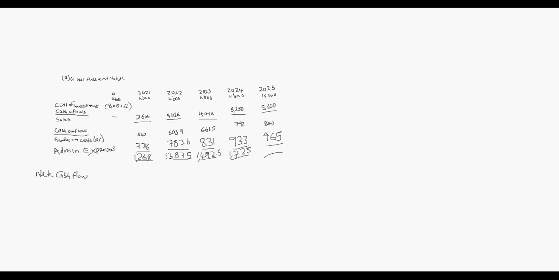The last one, 5 plus 0, that's 5. 4 plus 6, that's 0. Remember 1. 8 plus 9, that's 17 plus 1, 18. It's 1,8. Okay, so these are the total cash outflows.